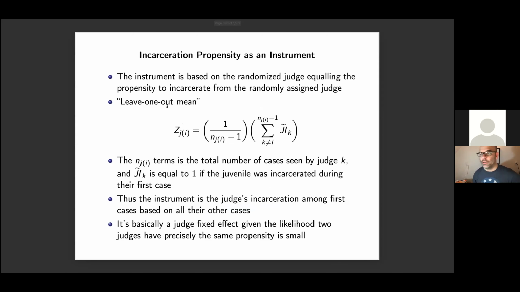Here's the construction of the instrument. All right, so here we have the average. Remember my example where for Scott, the value of the instrument was 2/3. For someone else, it might be 1/3, might be 1/2. For someone else, it might be 1/5. Okay.